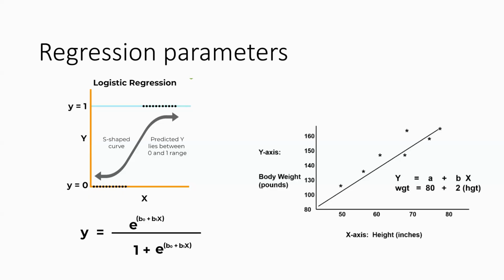In logistic regression, we have binaries like success and failure, cured, not cured, having a disease, not having a disease. We are more interested in the probability of the success, given that you have observed certain values of your independent variables.